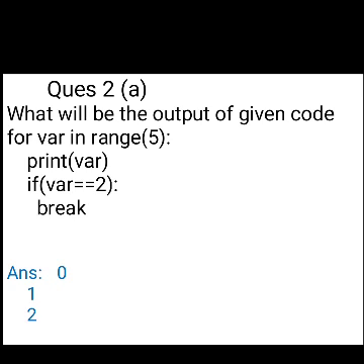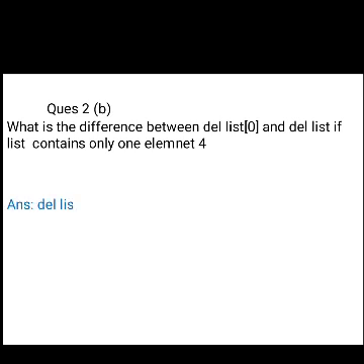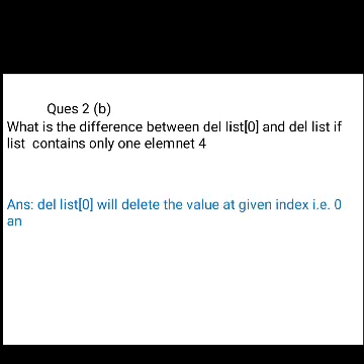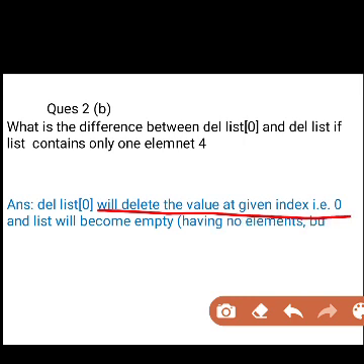Next question, question second, B part. What is the difference between del list[0] and del list if the list contains only one element 4? Students, if the list is having only element 4, that is only one element, then del list[0] will delete the value at the given index, that is 0, and the list will become empty having no elements.